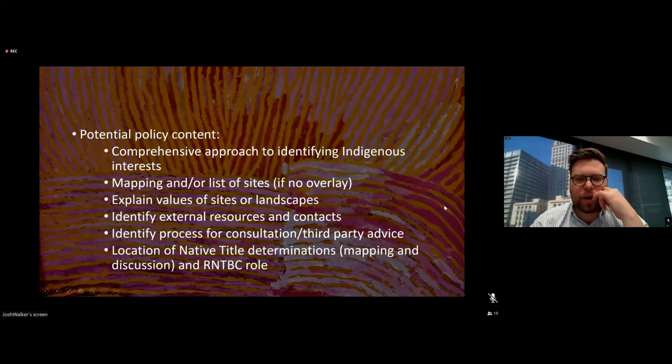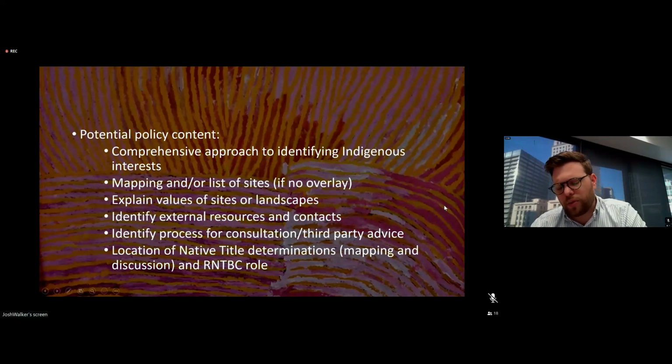So the content might talk about a comprehensive approach to identifying Indigenous interests. It might be like a quasi kind of CMA process, but not quite the same. Does it have mapping and lists of sites? The Kawanyama one did that, for example. Is there an explanation of the values of the sites or the landscape?